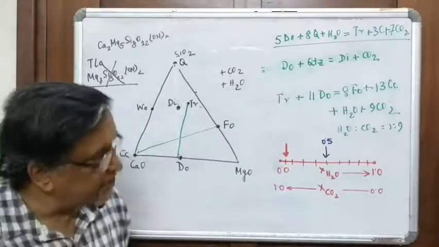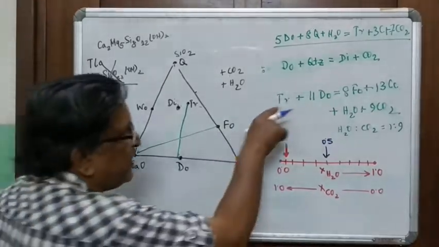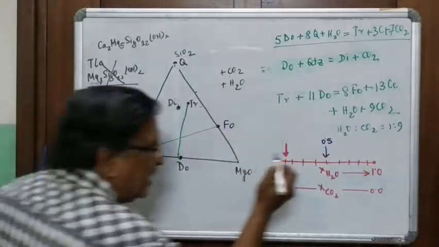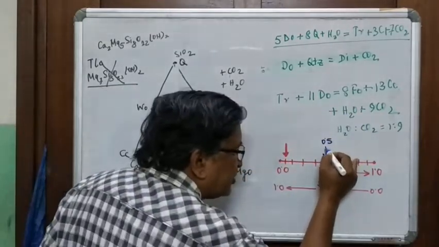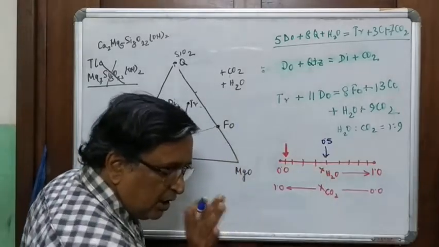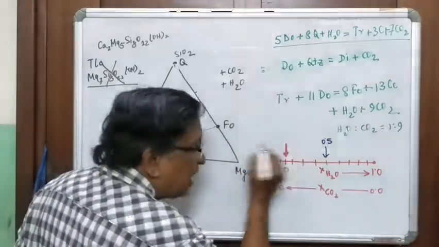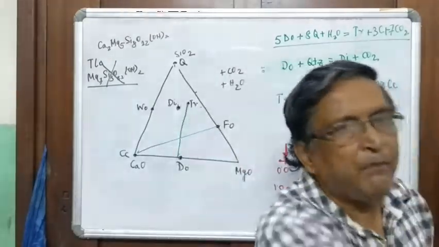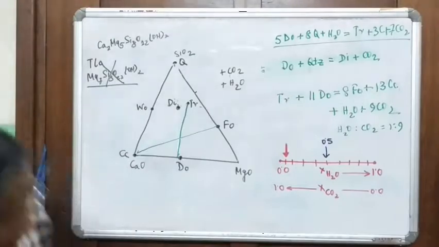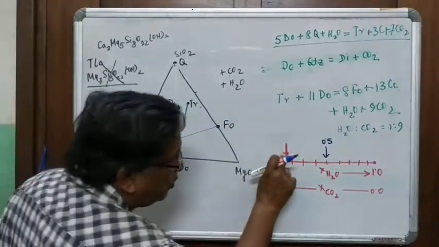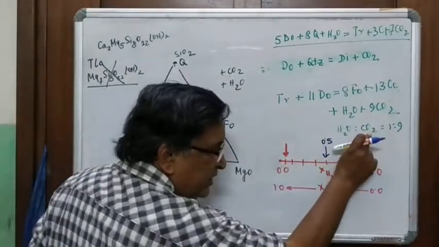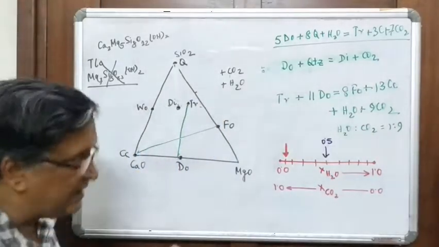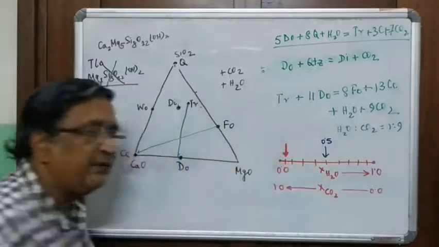In other words, this reaction is making the initial fluid composition under closed system condition more carbonic. It is drawing the initial fluid to a more carbonic system, because the XCO2 value of the produced fluid is higher than the XCO2 of the initial fluid.